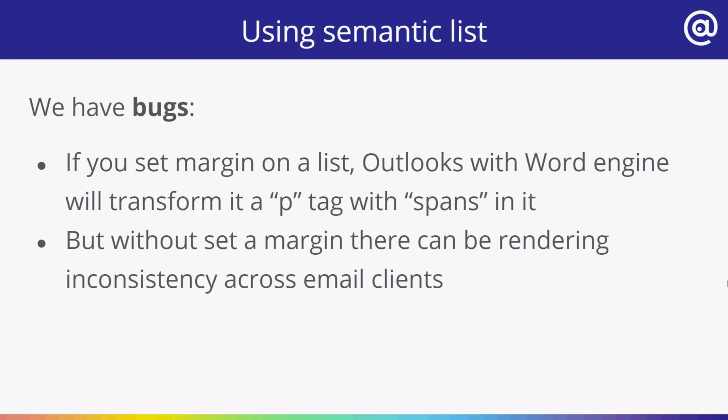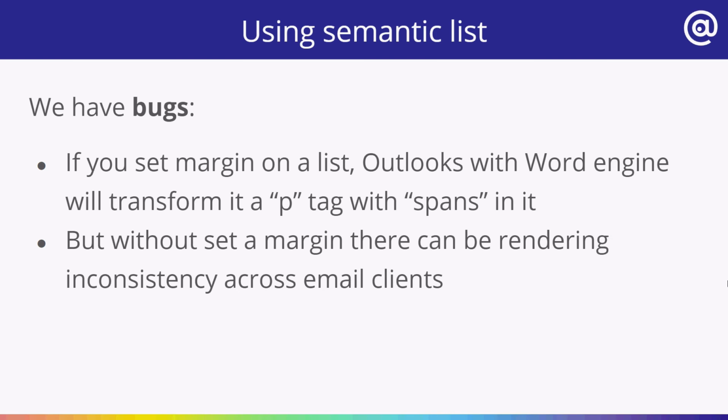I mentioned previously that setting a margin can solve everything except this one, because if you set a margin on a list, Outlook's Word engine will transform it into a p tag with spans in it, and that's far from optional because we're going to lose our styling.